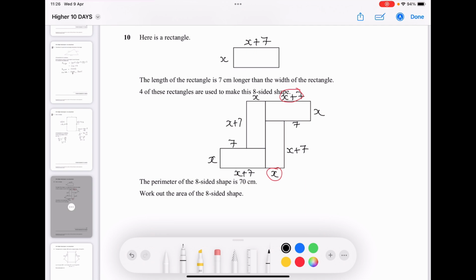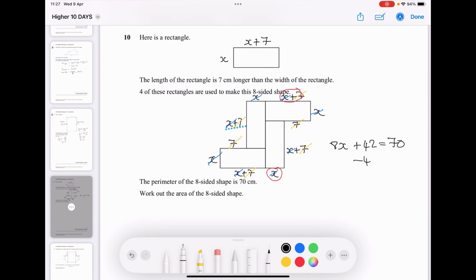If I look at everything around here, I've got 1, 2, 3, 4, 5, 6, 7, 8 x's, and then I've got 1, 2, 3, 4, 5, 6 sevens. 6 sevens are 42, and that equals 70.